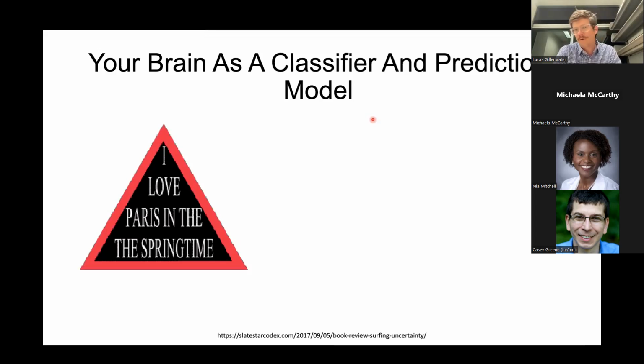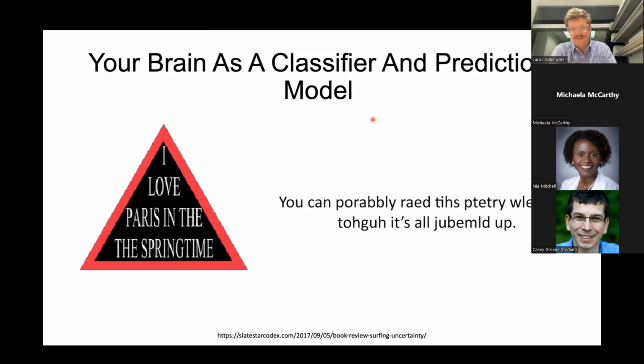Your brain knows that "I love Paris in the the springtime" is incorrect. You've seen other typos, you've seen other writing errors in the past, and your brain automatically will correct that. A better example might be this sentence here. "I bet that you can probably read this pretty well, even though it's all jumbled up."